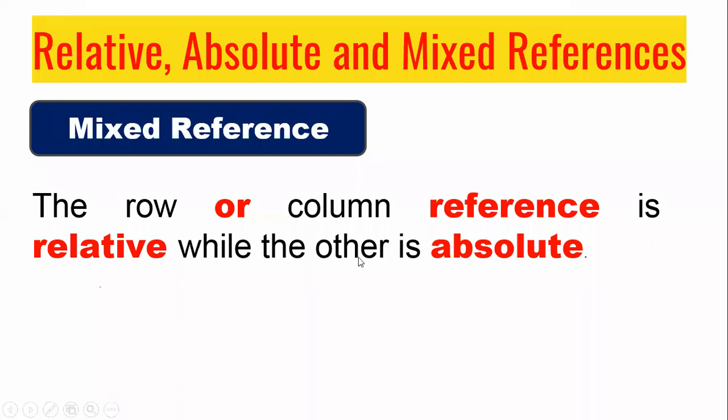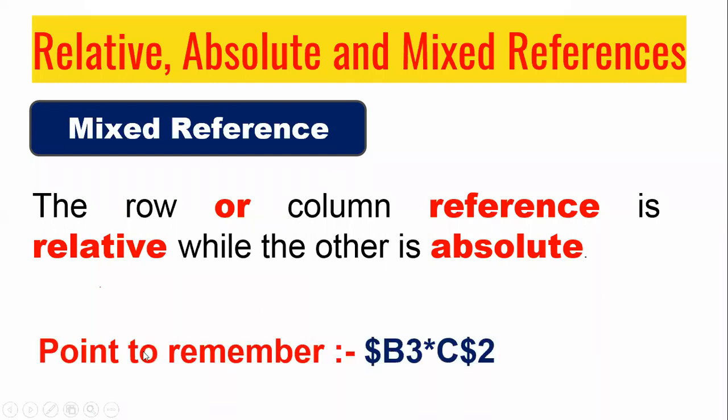You will say, sir, this seems a bit confusing, but the point to remember here is this is a B3. My dear son, listen to me. Here B says that I am a column and 3 says that I am a row. So in such case what do we make absolute, what will not change? We make B absolute. In the next address, that is C2, C is again a column and 2 is to be considered a row.